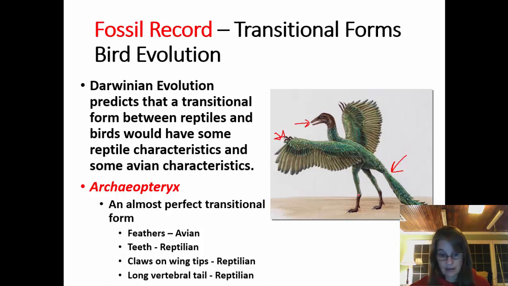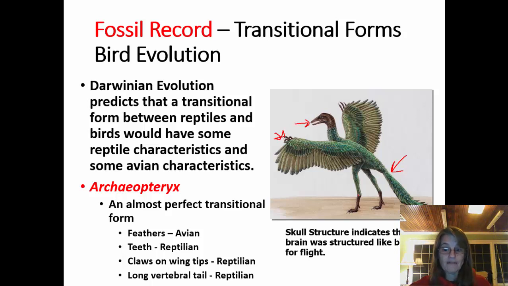That's a reptilian characteristic. However, the structure of its skull and what brain parts would have gone into those structures indicate that it had a brain structured much like a bird's brain, with parts that are used in flight very much more enlarged, more prominent than in a normal reptile.